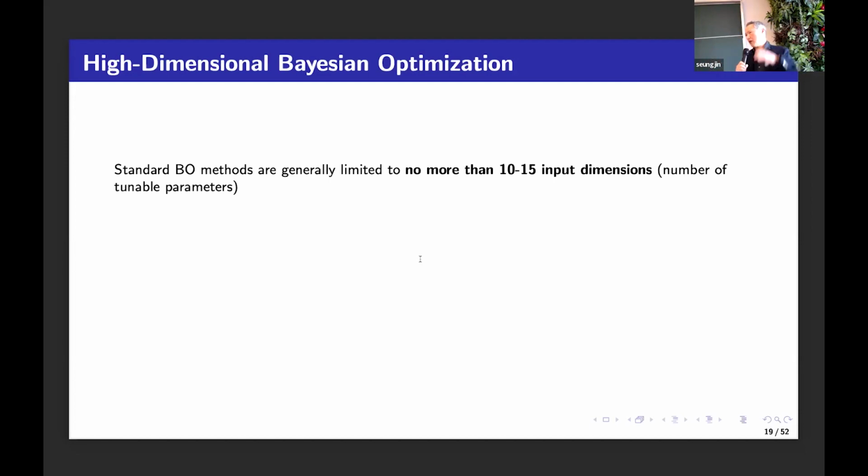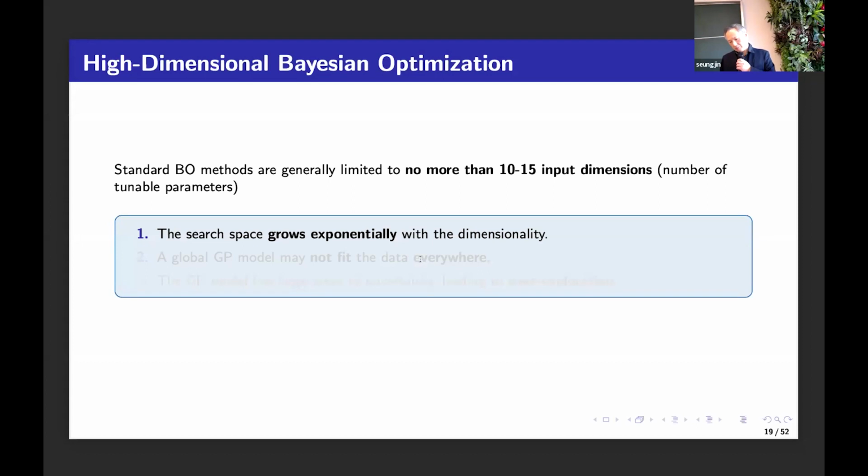Standard Bayesian optimization assumes a continuous decision variable whose dimension is less than 10 to 15. That's the typical assumption. But what if we have maybe 100 or 1,000 dimensions of decision variables? Then you are not able to apply the standard techniques.